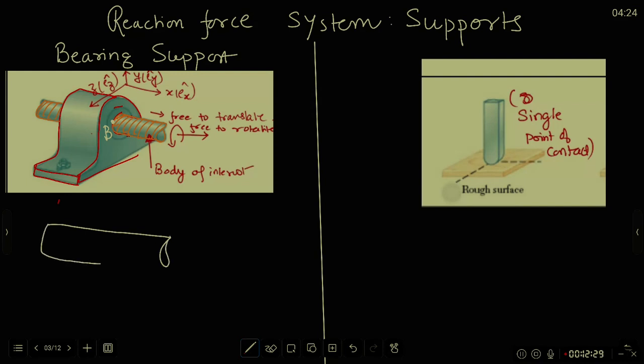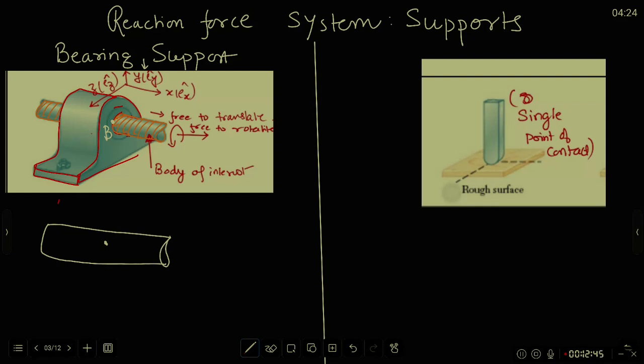Coordinate system shown here. X is along the axis of the rod, Y is normal, Z is the third direction. What all should I draw here?